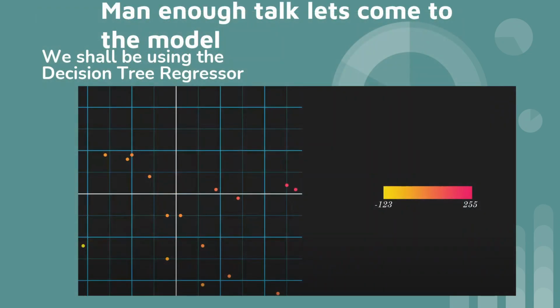Now, the model which we shall be using is the Decision Tree Regressor, a very famous tool in scikit-learn, and here we have the problem.